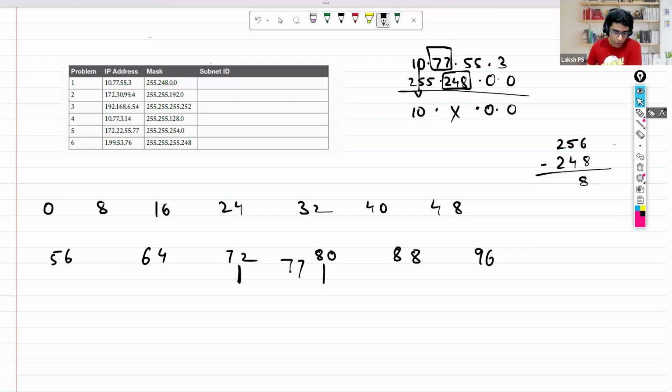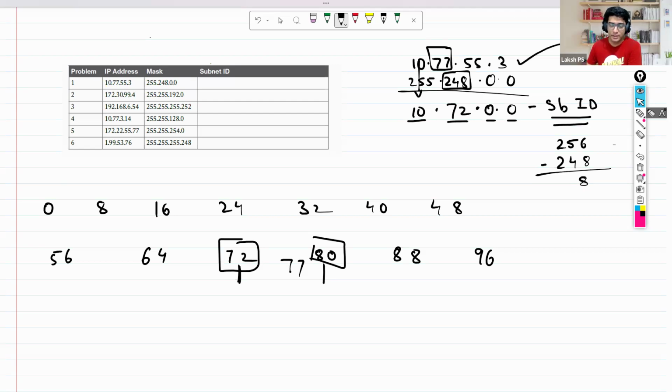So the subnet ID or the network ID will be the lowest of these two, that is 72 in our case. So 72 becomes our subnet ID. 10.72.0.0 becomes the subnet ID for this IP address.